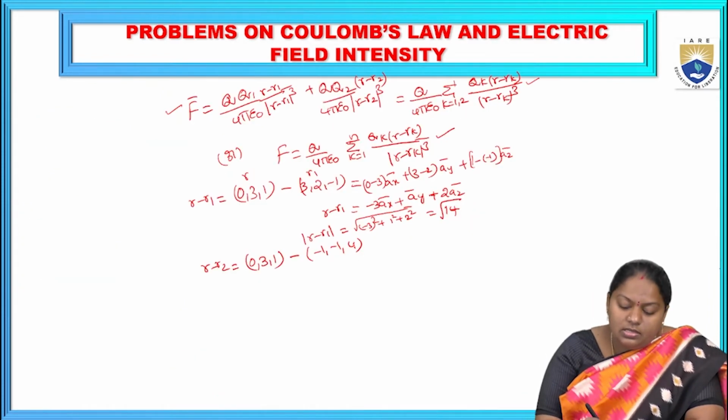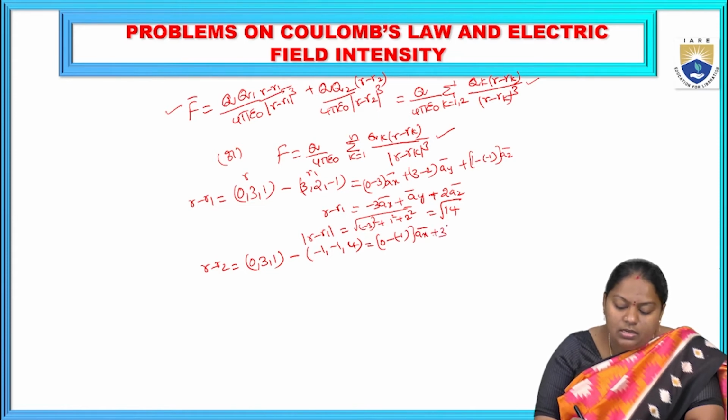To find the distance between these two: (0 minus of minus 1) into ax, then plus (3 minus of minus 1) into ay, plus (1 minus 4) into az, which is equal to, how are we going to calculate?